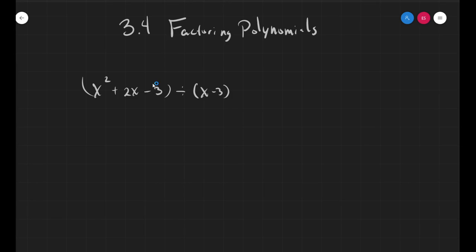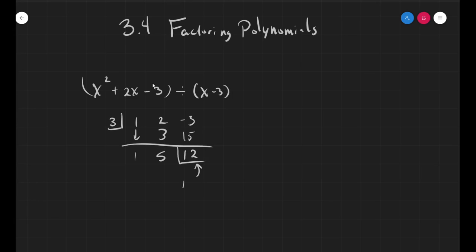So if we set up our synthetic division, after we do it, we want to look at our remainder. Okay, so 1 comes straight down, 3 times 1 is 3, 2 plus 3 is 5, 3 times 5 is 15, negative 3 plus 15 is 12. And 12 is our remainder.